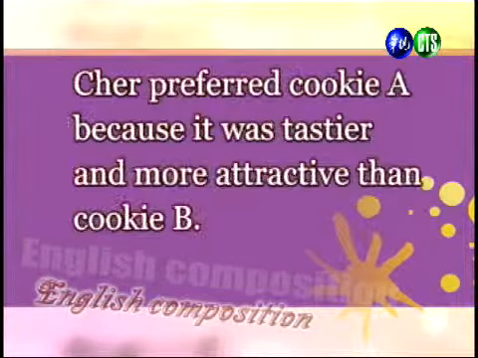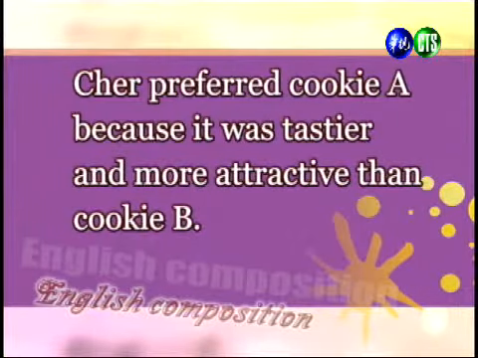We can also make up a sentence that shows the reason why we like cookie A better than cookie B. And we have this sentence. Cher preferred cookie A because it was tastier and more attractive than cookie B. You can see in the sentence that we have two adjectives.